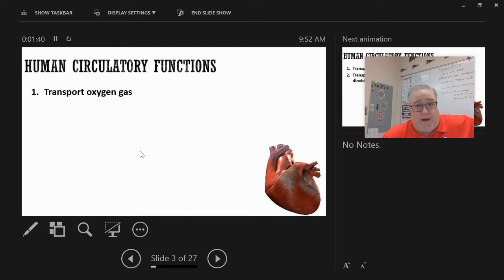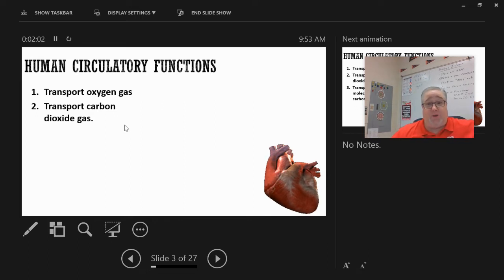As we go through this list, you'll see that there are several different things your circulatory system is responsible for. One of them is transporting oxygen, right? Every single cell in your body requires oxygen gas, so that's a pretty important thing that has to get carried by your blood. Another one is carbon dioxide.